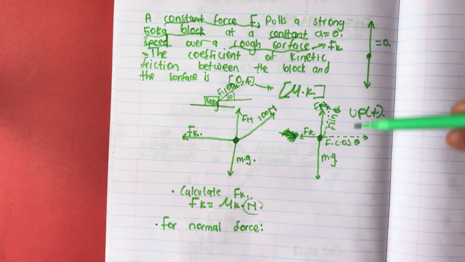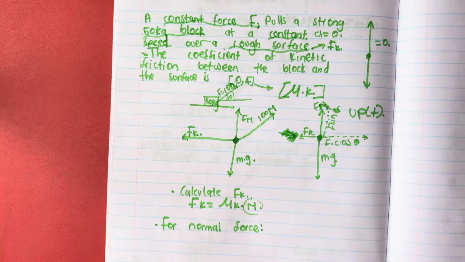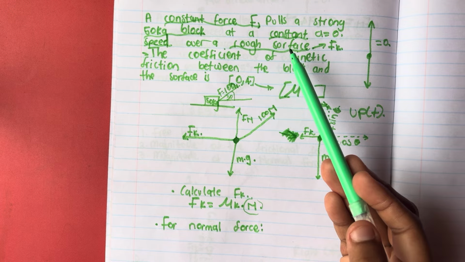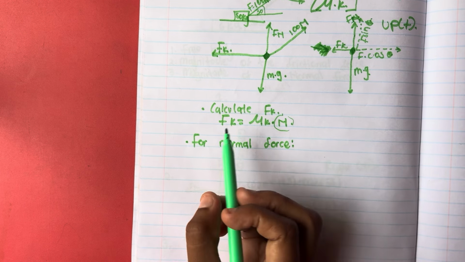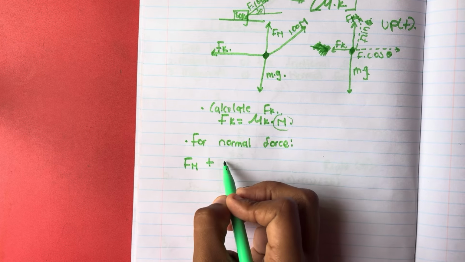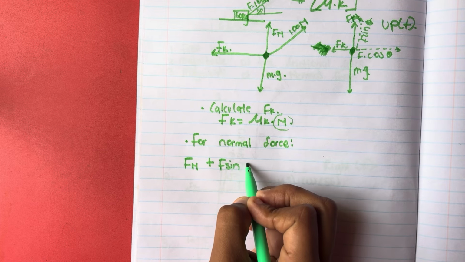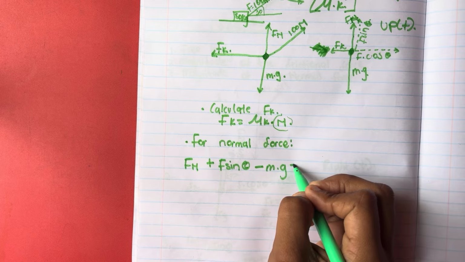So all the vertical forces acting on this object will be equal to 0. That's practically what they mean when they say there's a constant speed, right? So we're going to have Fn plus F sine theta minus m dot g equals 0.